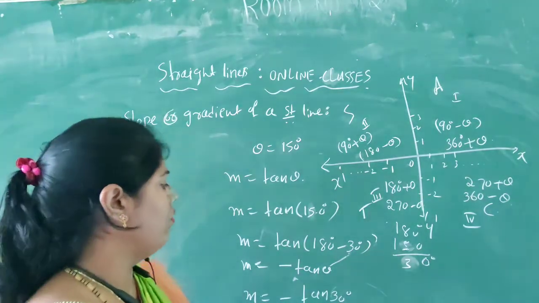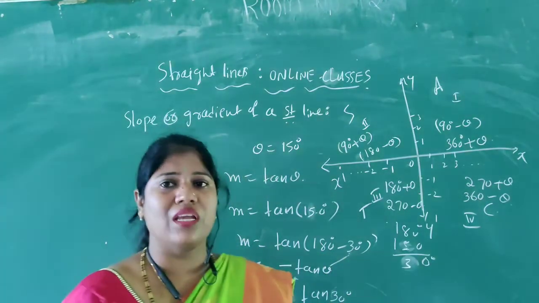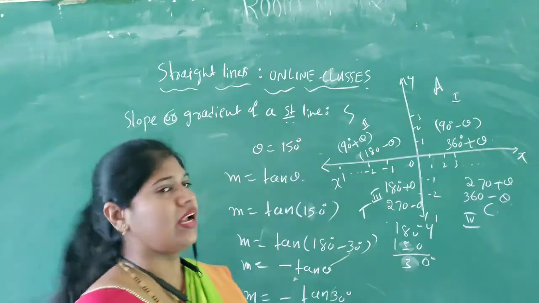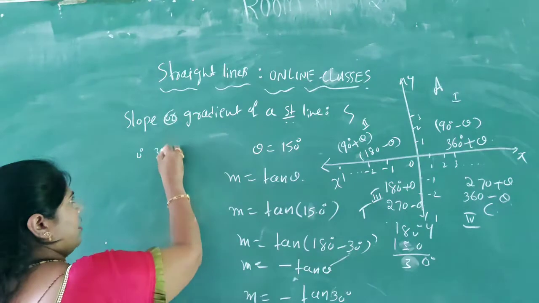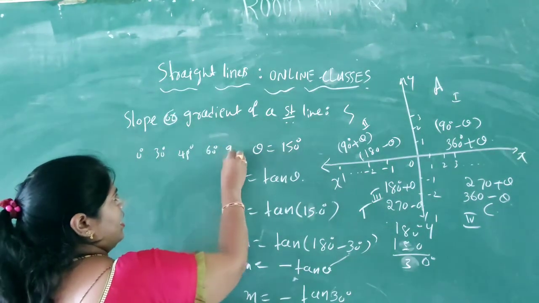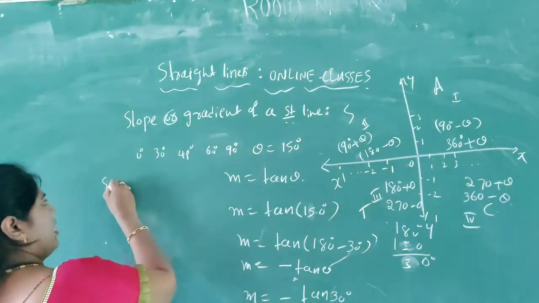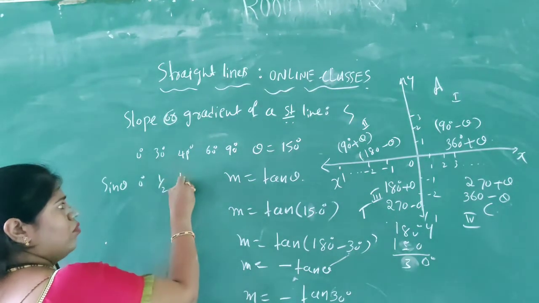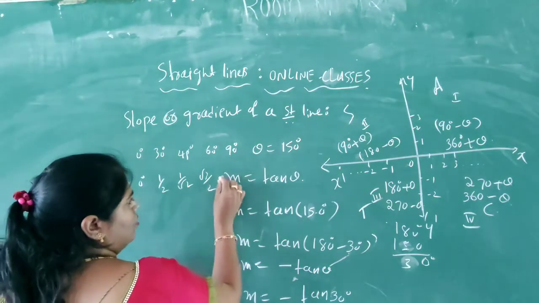These are all things we have already learnt in trigonometric functions. We should know the table of trigonometric functions of standard angles: 0 degree, 30 degree, 45 degree, 60 degree and 90 degree. I have told you, we should know this. For sin theta the values are 0, 1 by 2, 1 by root 2, root 3 by 2 and 1.